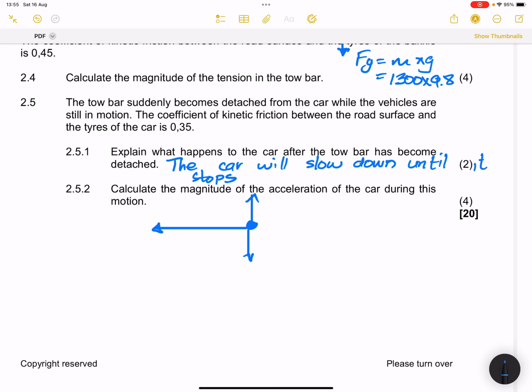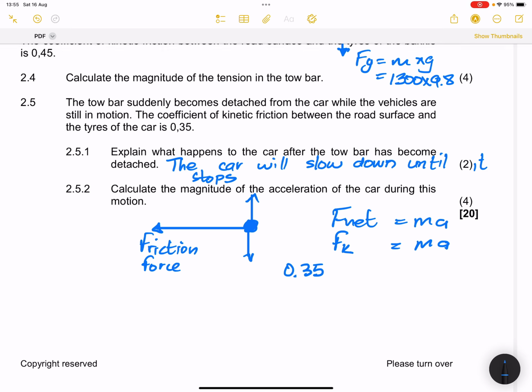Now horizontally, what is dictating the motion of the car? It's the frictional force. So that is what is causing the car to slow down. So we're going to say F net is equal to MA. And what is our net force? That's going to be friction, which is equal to MA. But we remember friction is 0.35, that's the coefficient, multiplied by the normal force.